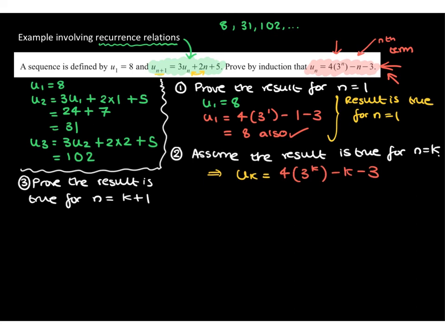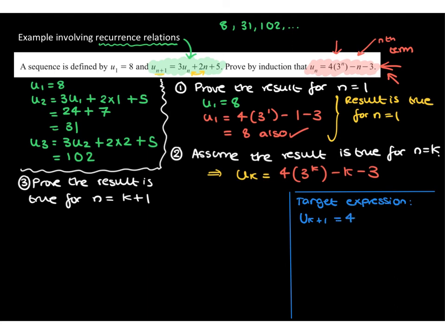Now, as always, it's useful to think about the target result. In this case, I'm just going to clear a little bit of space over here and use that to draw out my target expression and just check I know what I'm aiming for. So my target expression would be the red result if we replace n by k plus 1.